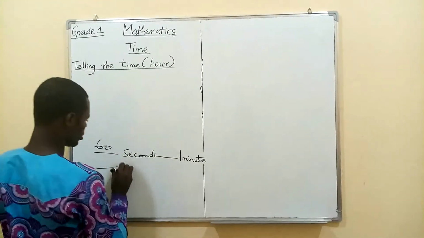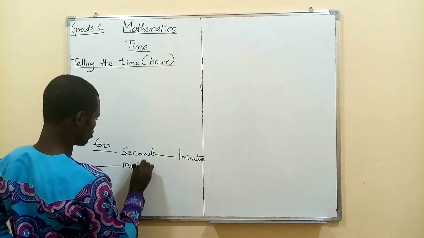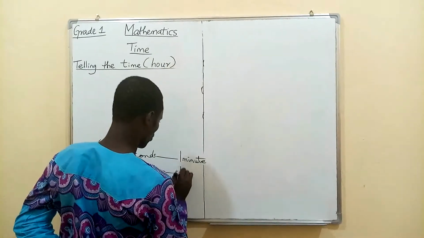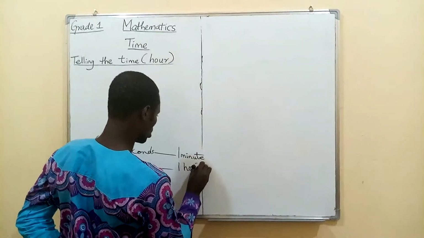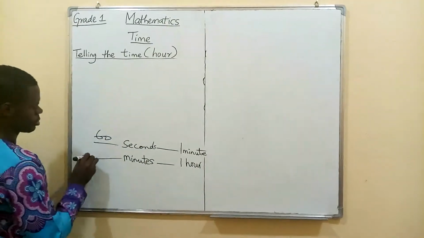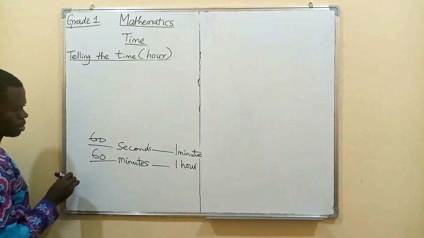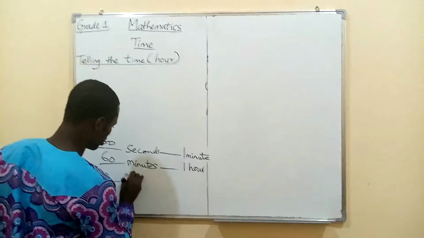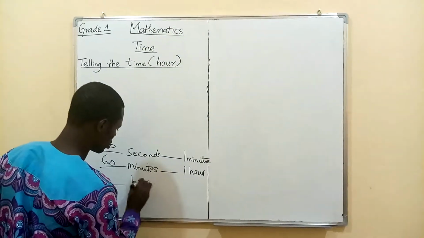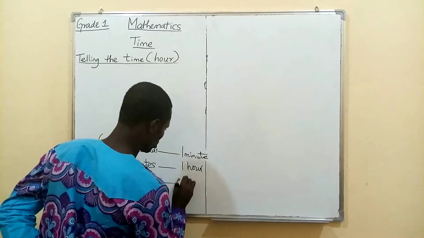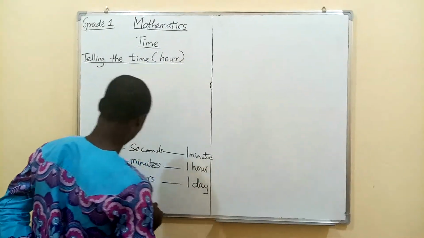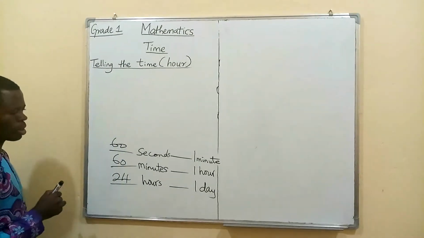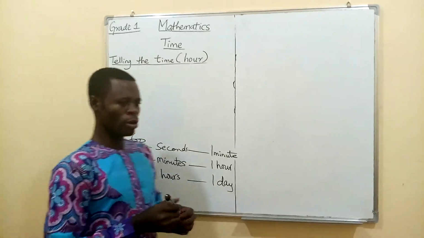And how many minutes makes 1 hour? 60 minutes make 1 hour. How many hours make 1 day? 24 hours make 1 day, and so forth.